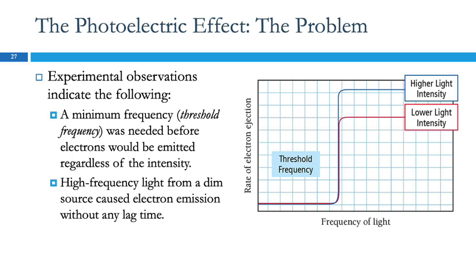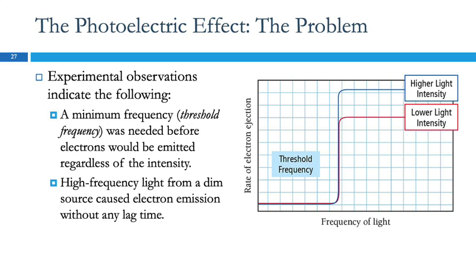So what we find is that the rate of electron ejection changes with the frequency of the light. As you start from low frequency and increase the frequency, nothing happens. And you get to this point, the threshold frequency, and all of a sudden a whole bunch of electrons are emitted.